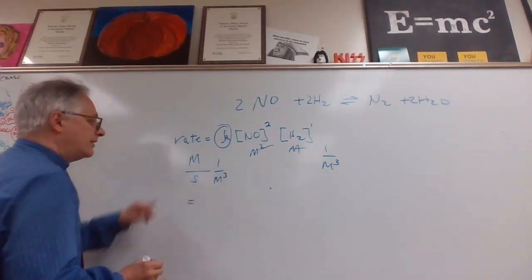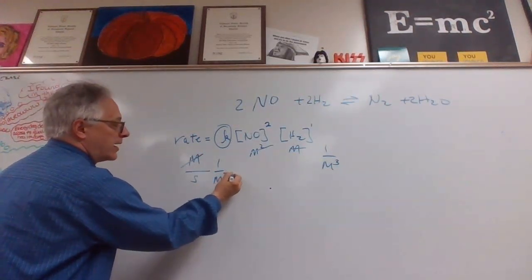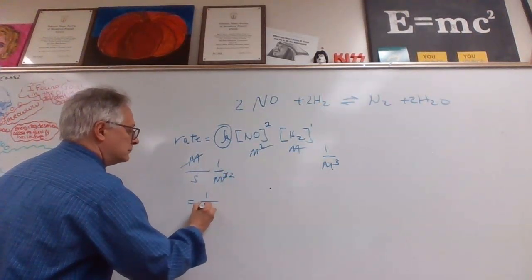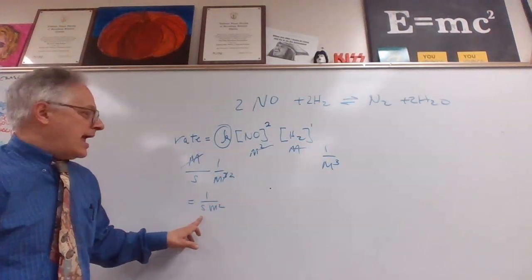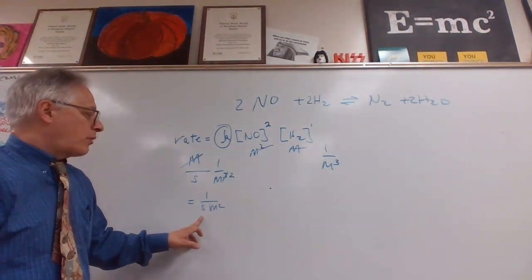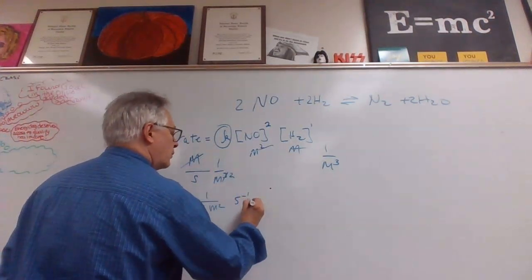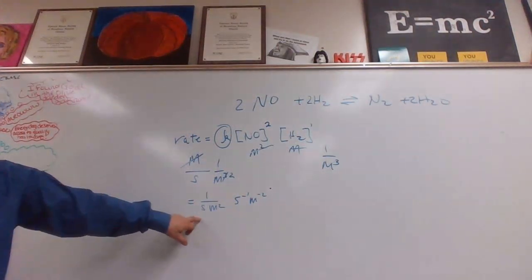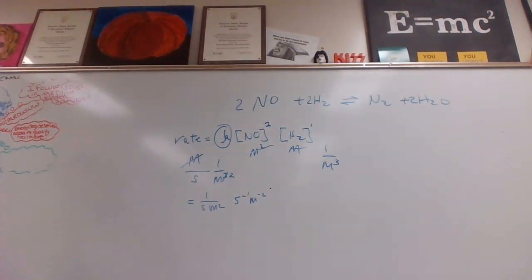And then that molarity cancels with 1 of those, and I have 1 over second times molarity squared. And probably what you want to do there is write it like this: s to the minus 1, M to the minus 2. They're both correct.